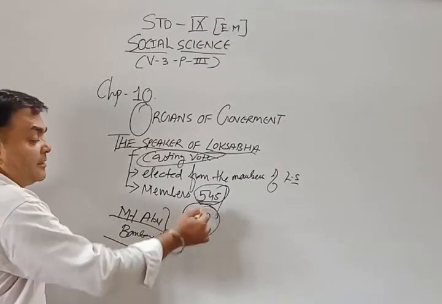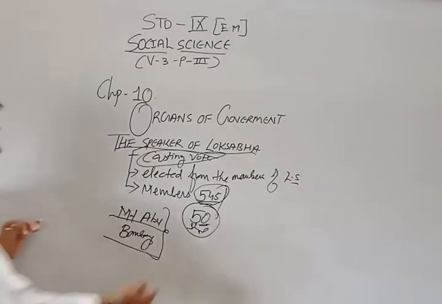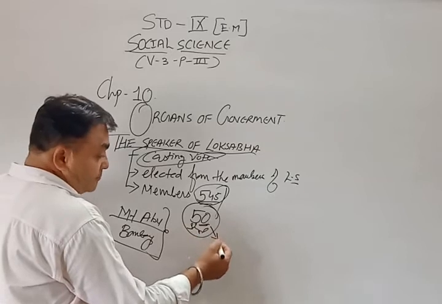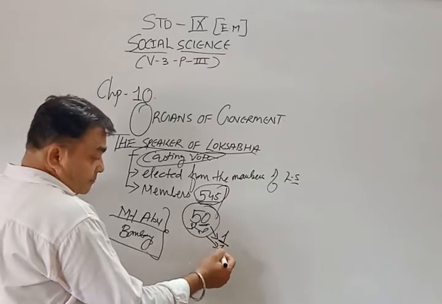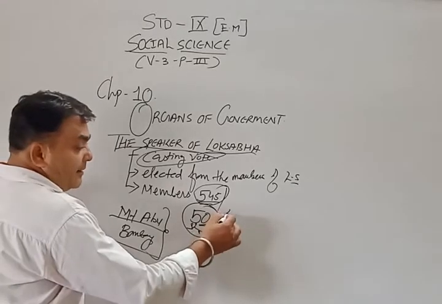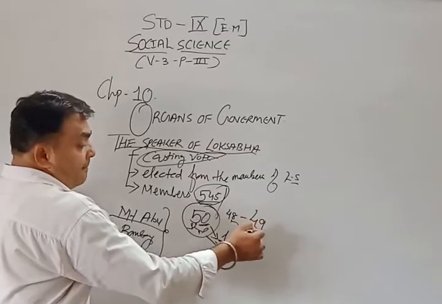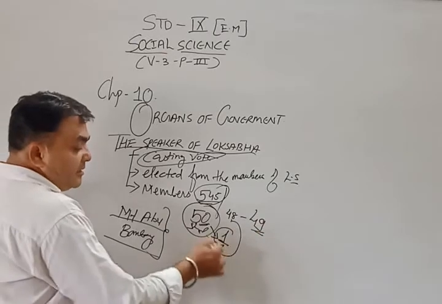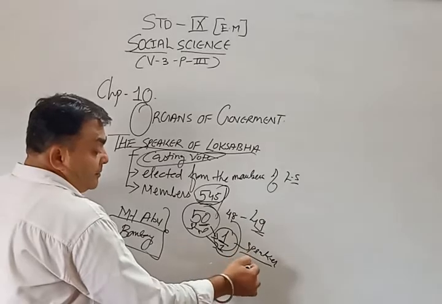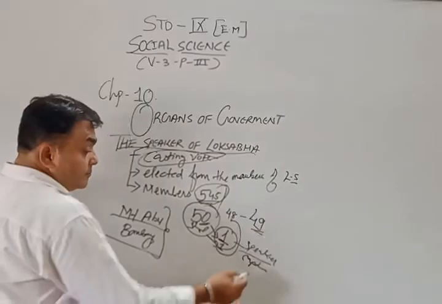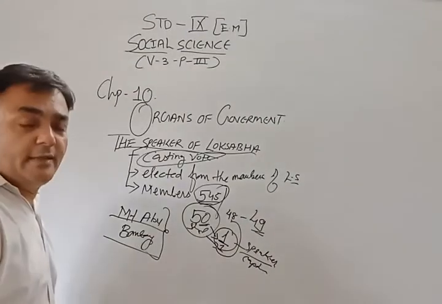Your class has 50 students. What do you do? From 50, one is the monitor, one is the vice monitor, so 48 are there. The vice monitor will also be counted in this, so 49 will be there. The main one, the monitor, the captain of your class, is the speaker. It is just an example to go through this.